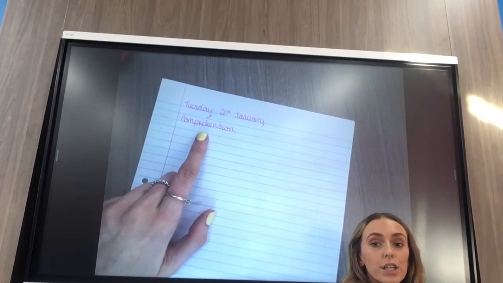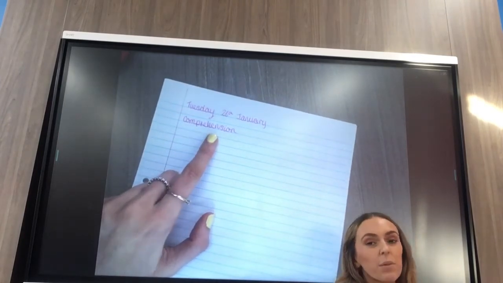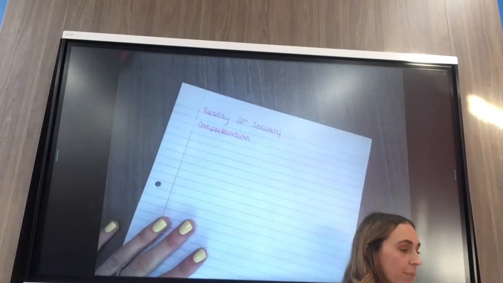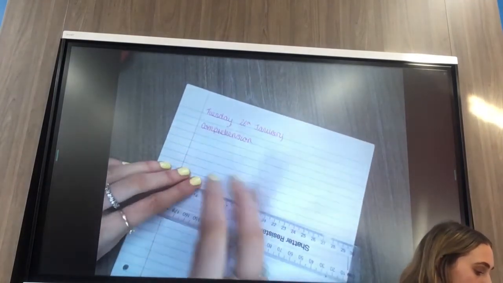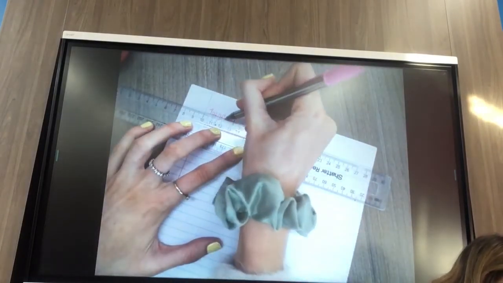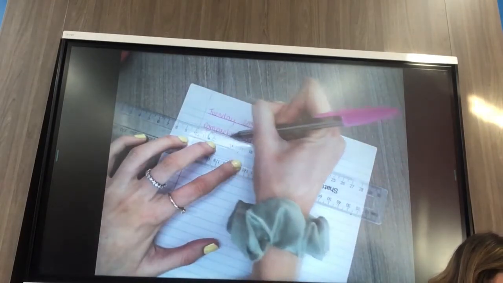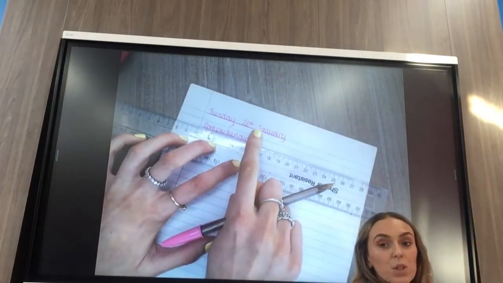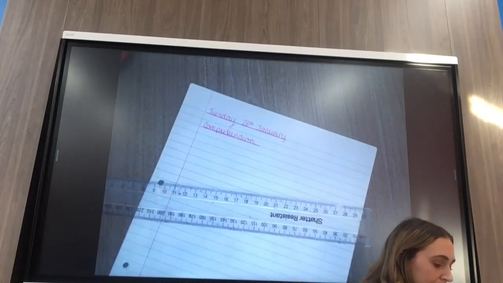And then I've written comprehension, because we're doing comprehension learning today. So get your ruler, write those out for me, and then underline them nice and slowly and neatly as well. And if you've noticed, I've left a line in between so that our work is presented lovely.